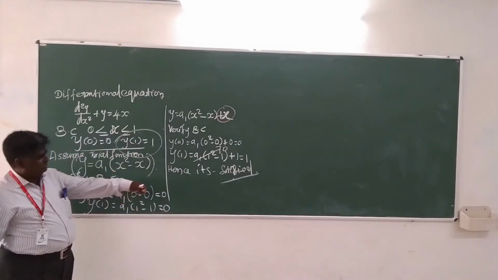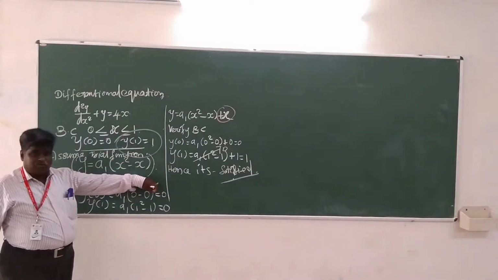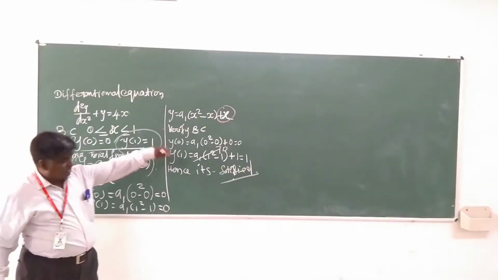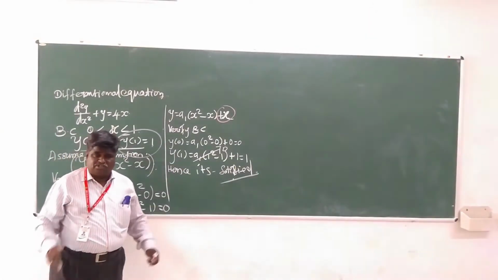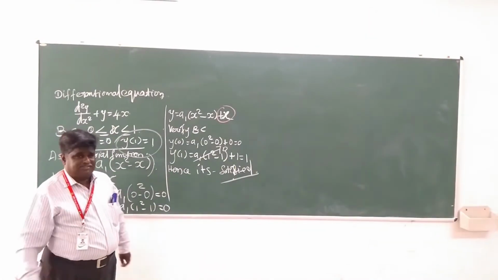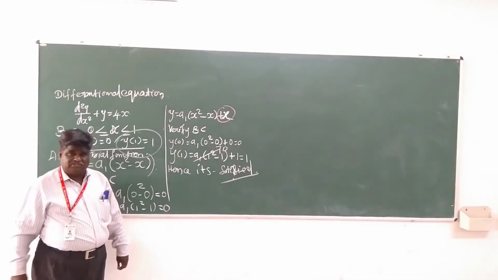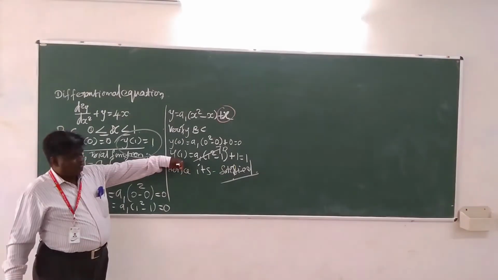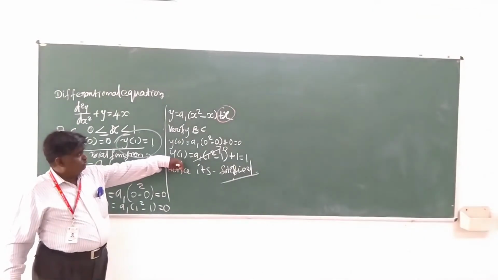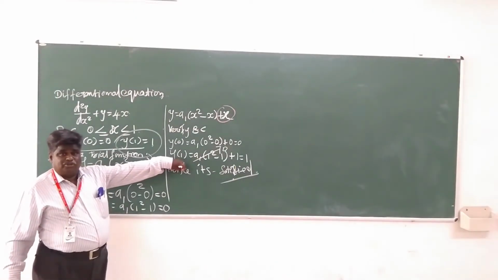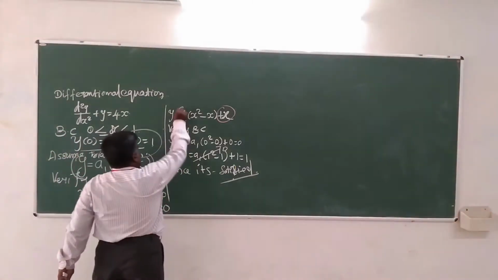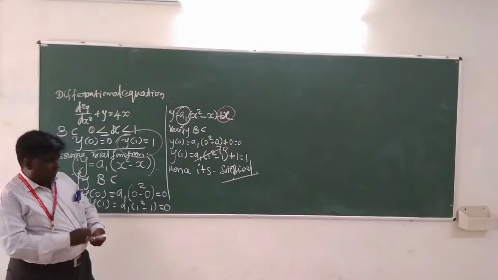This problem is asking for the weighted residual method. The weighted residual method has four methods: one is the point collocation method, second is the subdomain method, third is the least square method, and the fourth is the Galerkin method. In this problem we have to use only the Galerkin approach to find out the parameter value of a1.